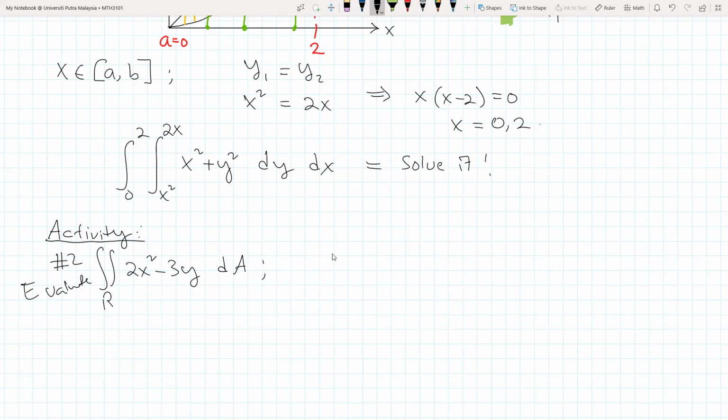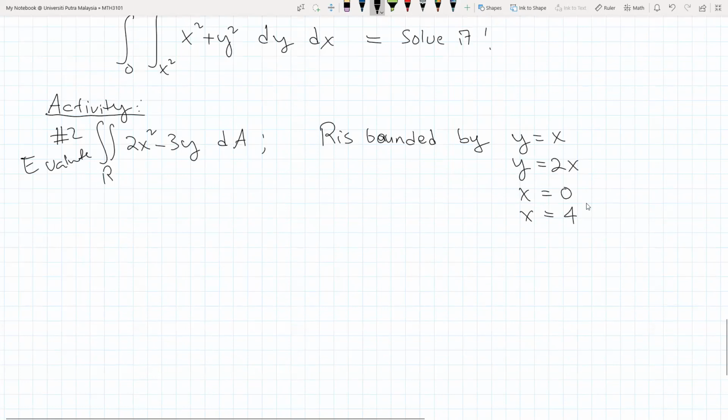And then R is bounded by y equals to x, y equals to 2x, and then x equals to 0, and then x equals to 4. Okay. So first thing first, sketch the region.